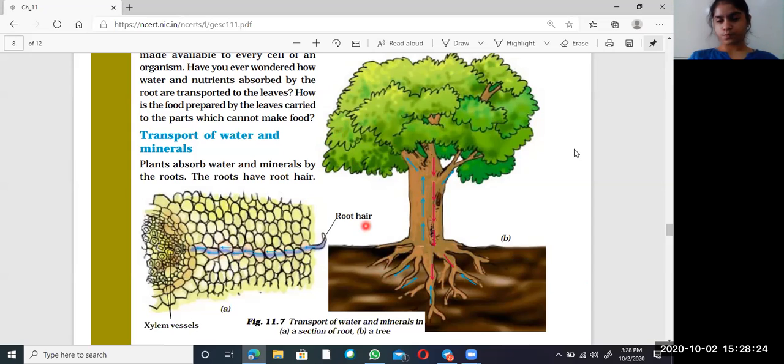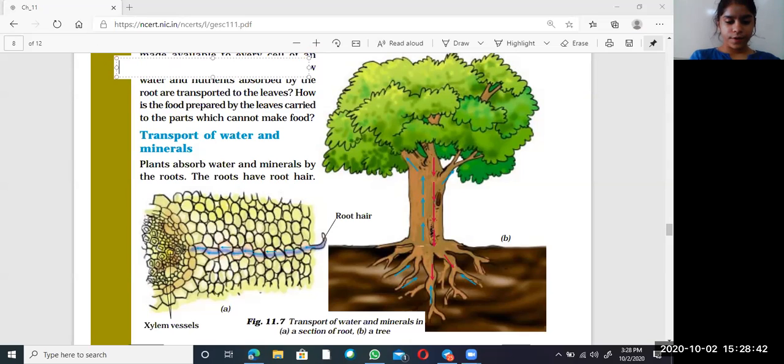How? Through which thing? There must be some specific thing present with the help of which it is getting transported. What do you think? What is that thing? Yes, it is a kind of tissue.